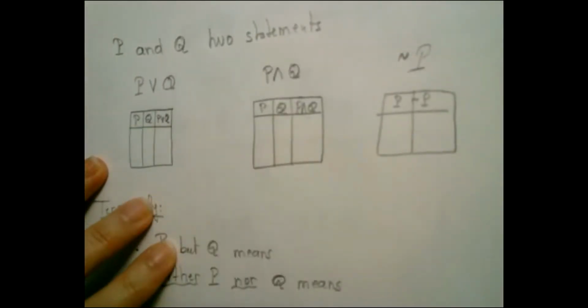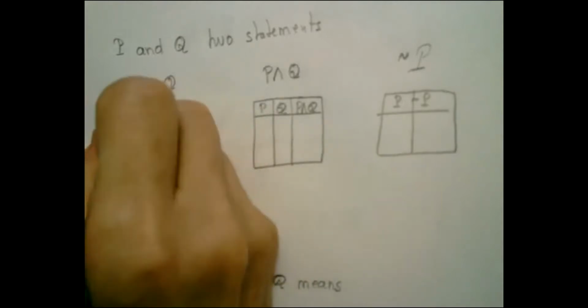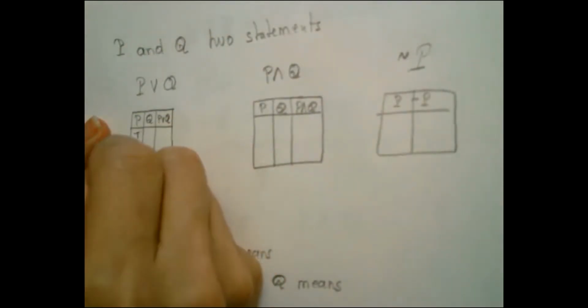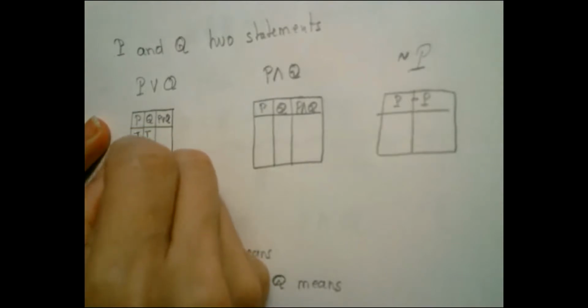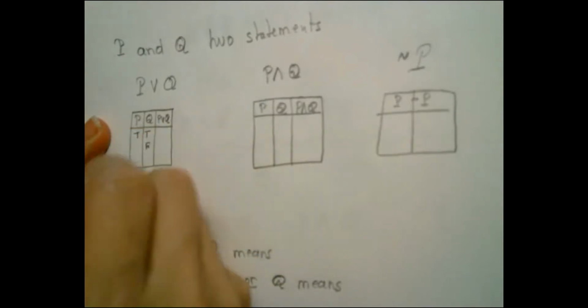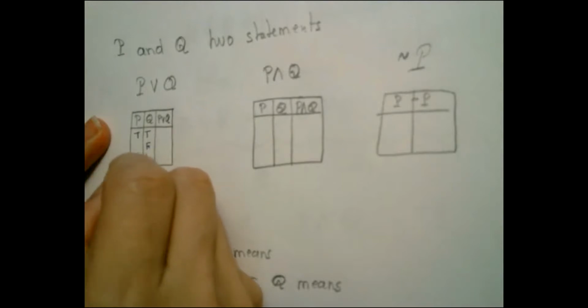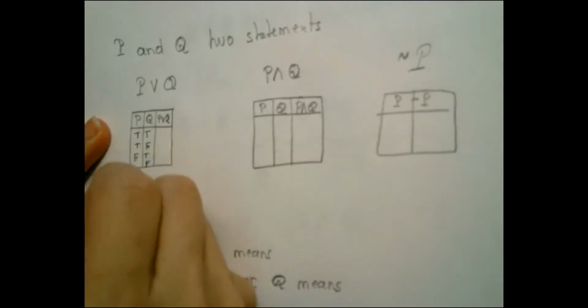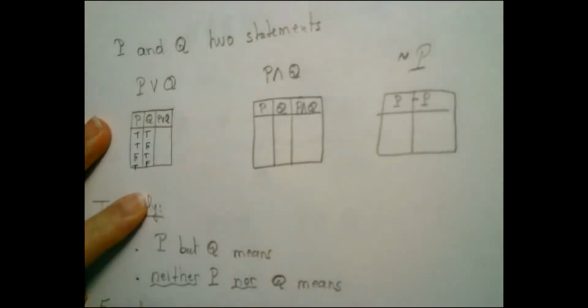So if we have P and Q, two statements, from last time, what are the truth tables? One is when P or Q is true, and one is when P or Q is false, and this depends on the values of P and Q. So if P is true, then we have two possible values for Q. And if P is false, we have two possible values of Q. So we write it this way.